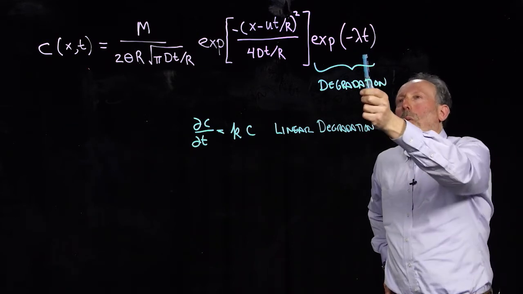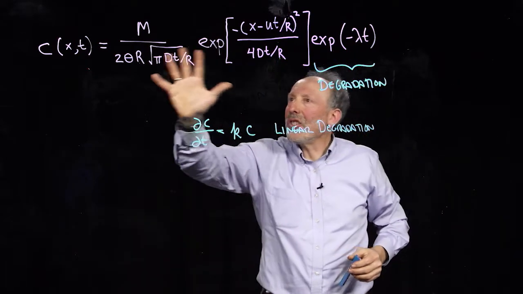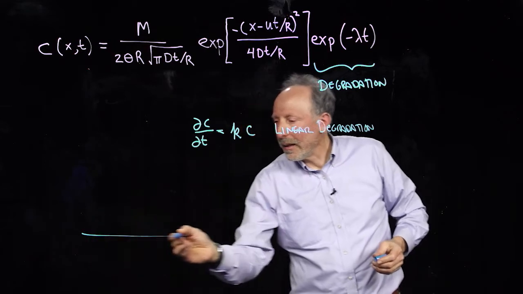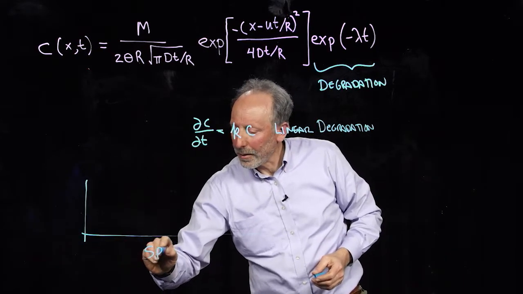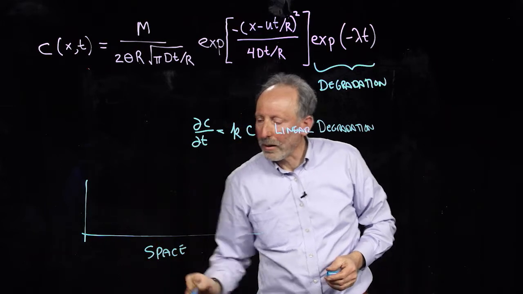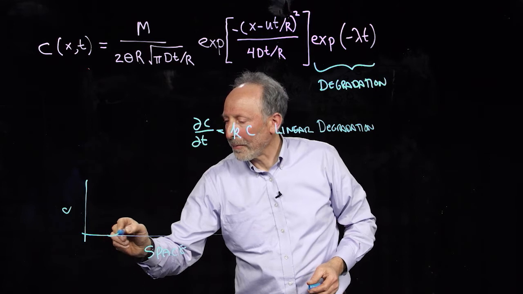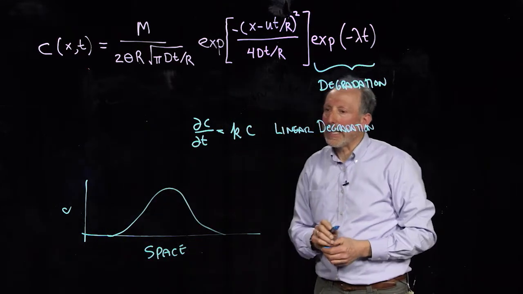Now, what that means is that the decay process doesn't change the geometry of the plume at all. So basically, and we'll draw space here, this is the plume moving along, and this will be concentration here. We'll take a snapshot, and let's suppose that that was our nice little Gaussian plume in space.